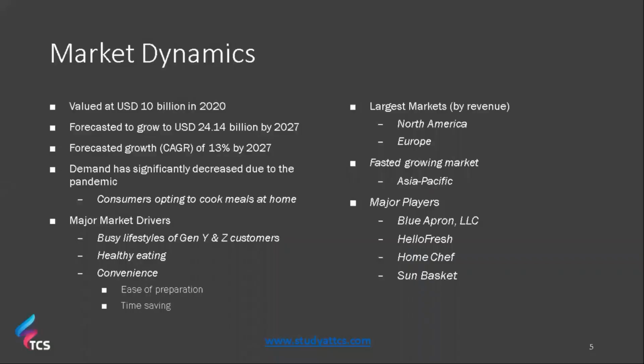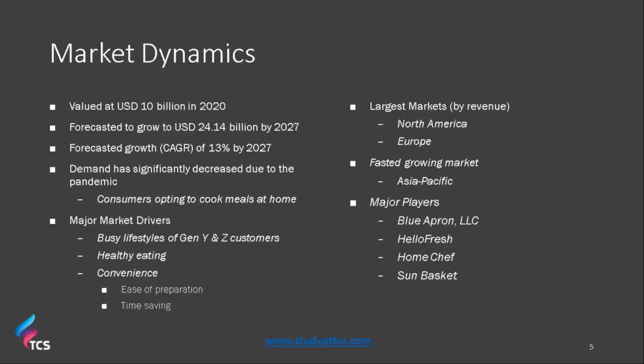Then let's look at the real life market dynamics. This information does not appear in your pre-scene. Instead, I'm talking about the real meal kit industry. I've taken the real facts and figures. So the meal kit industry in the world is valued at USD 10 billion in 2020. And it is forecasted to grow to USD 24.14 billion by 2027.